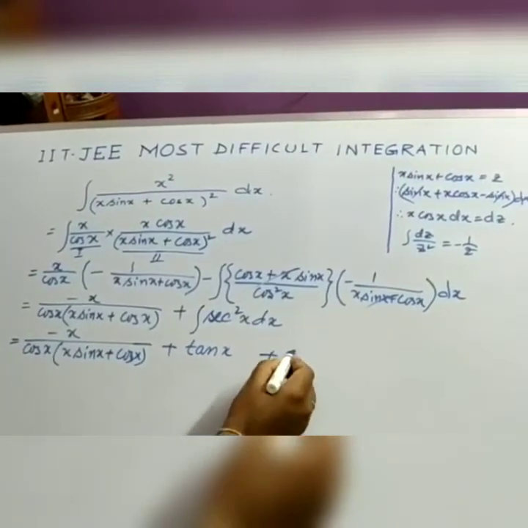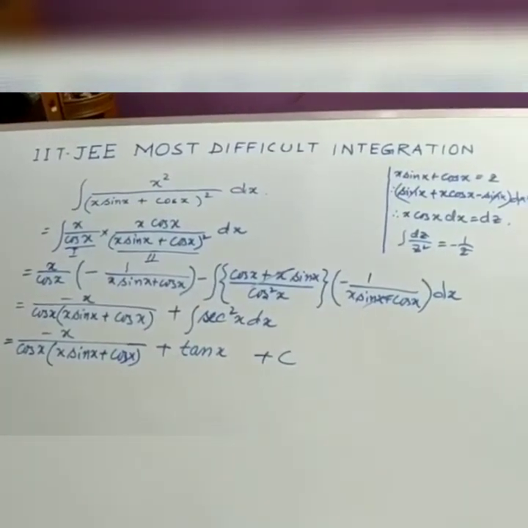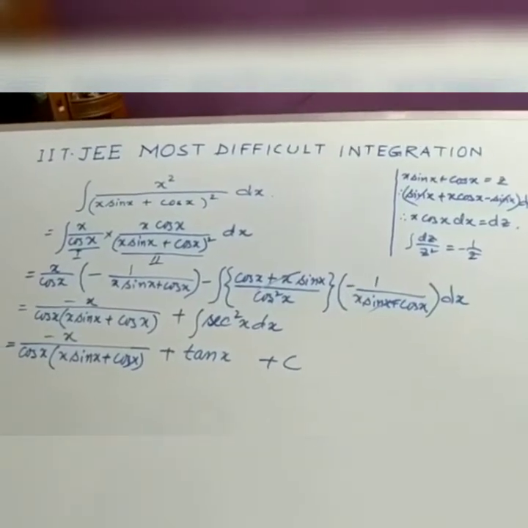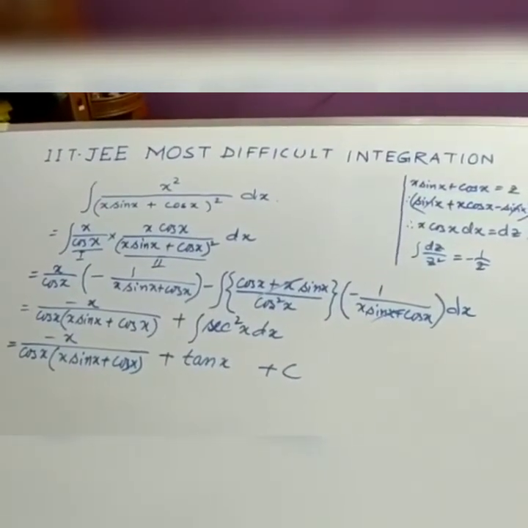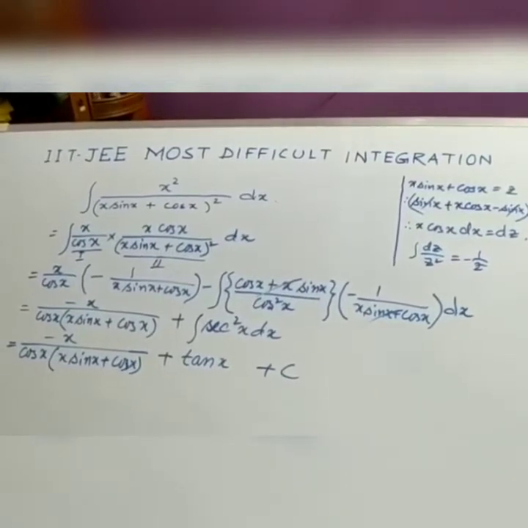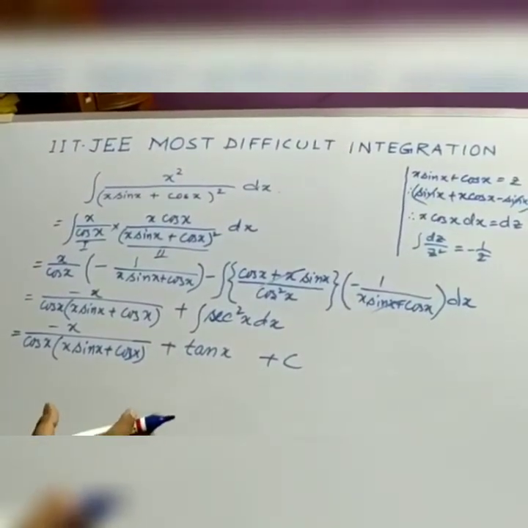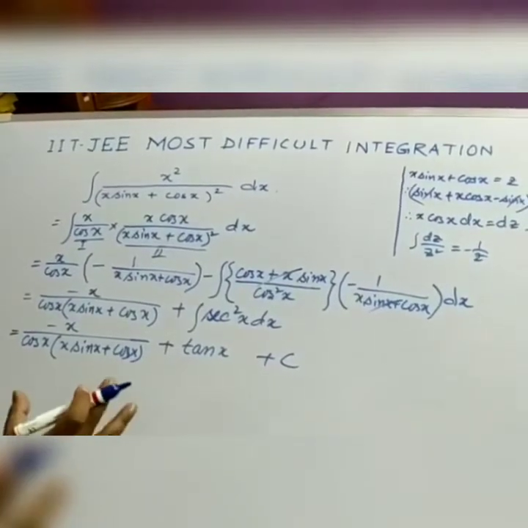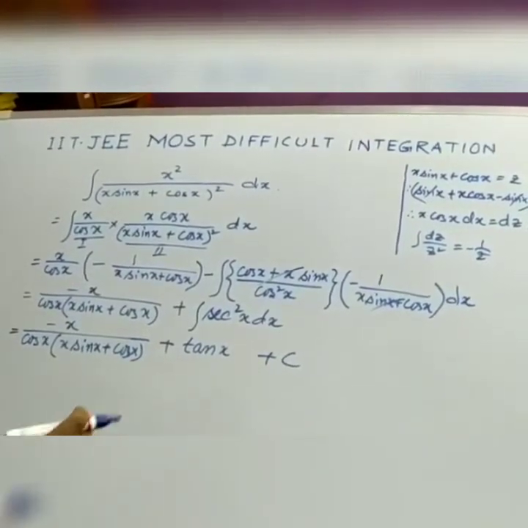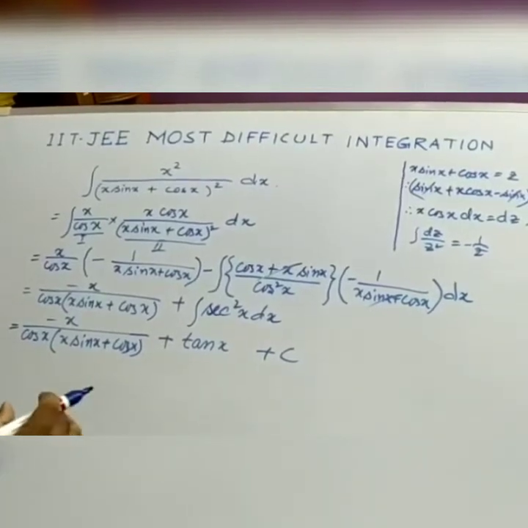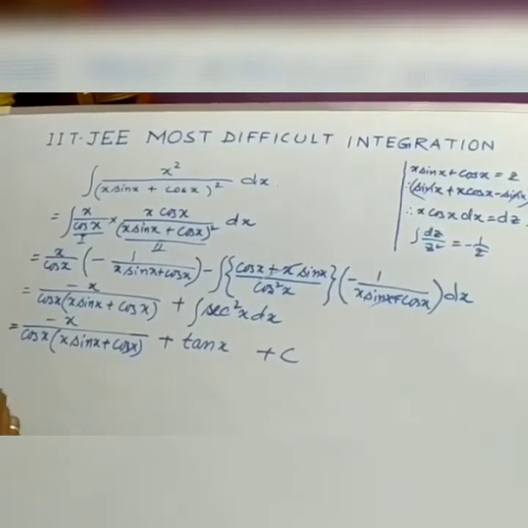And after that, because it is an indefinite integral, we can use the integration constant as c. So it can be answered like this, but whenever you have a multiple choice question, this type of answer will not be given. It should have some simplified form. So let's see.